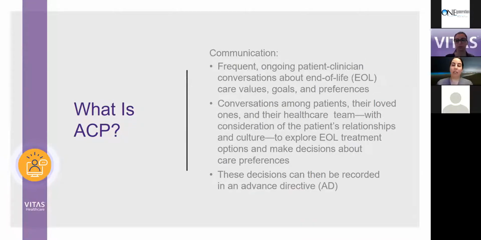Communication is the most important part of advanced care planning, definitely making sure that there is frequent and ongoing patient-clinician conversations about end of life. Hereafter, you may see it listed as EOL in some of our slides. And we're looking at end-of-life care values, goals, and preferences. These conversations among patients should also include the loved ones, as well as the healthcare team.